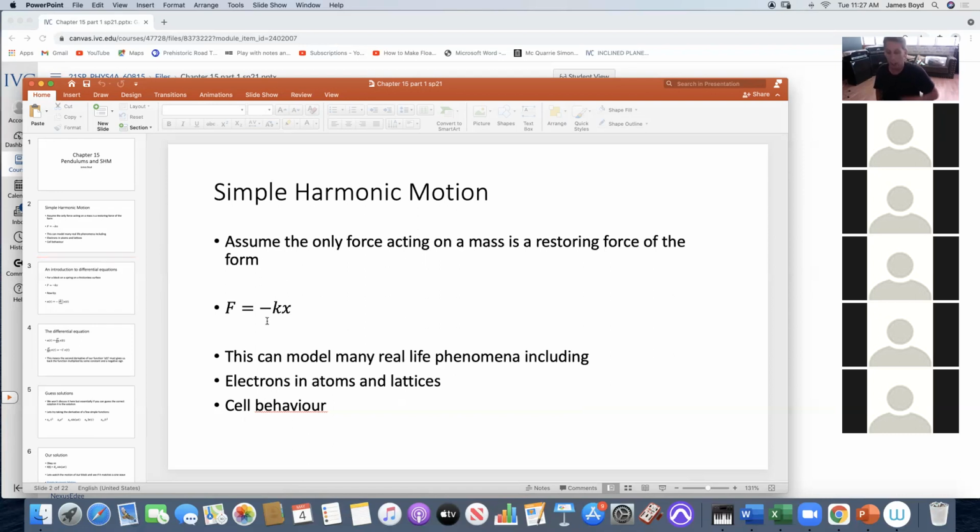What I mean by that is, I'm going to probably get this wrong, so biologists, please be kind. But basically, when cells interact with different proteins and different stuff, a lot of that behavior can be modeled as a simple restoring force, believe it or not. How that stuff works can be modeled by this super simple idea that the force is just some constant times however far you move it away from equilibrium.